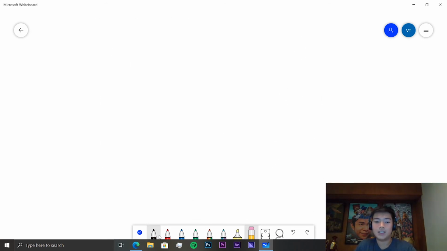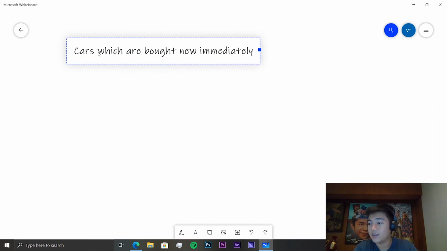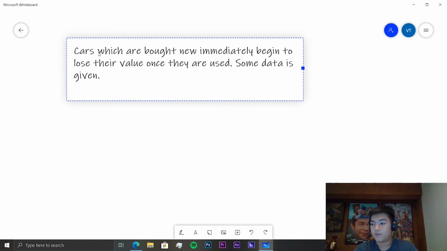And so the final question is, cars which are bought new immediately begin to lose their value once they are used. And then some data is given. So first, we want to draw a scatter plot to represent the data.